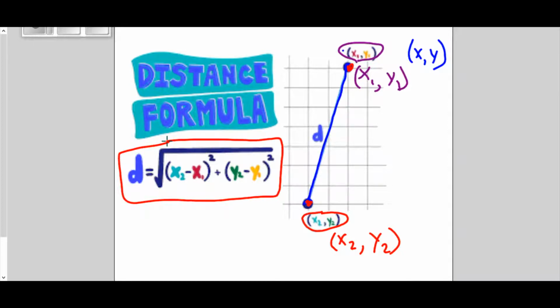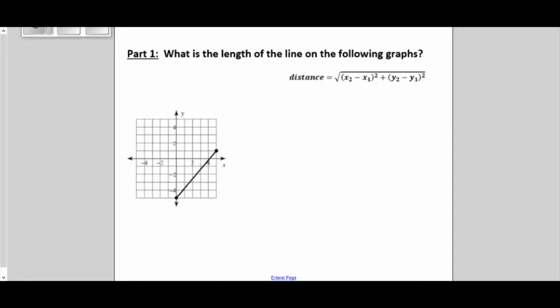So let's look at an example. So here is a graph. Make sure you sketch it. And we want to find the length of this line. So what we're going to need to do is find our ordered pairs. So if we look, one ordered pair is going to be here. So this is 1 point on the graph. This is an endpoint.